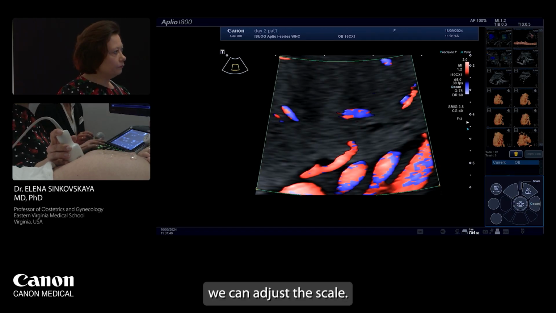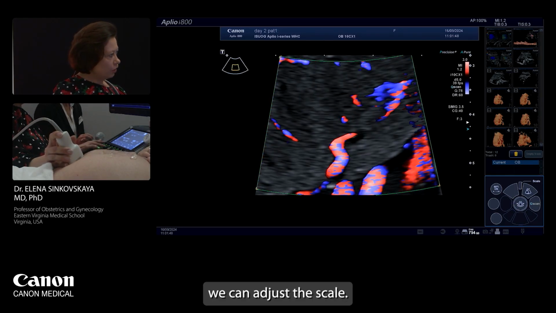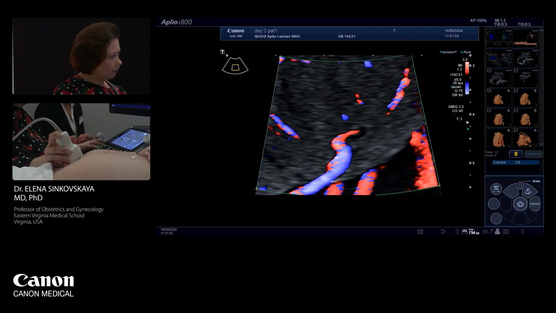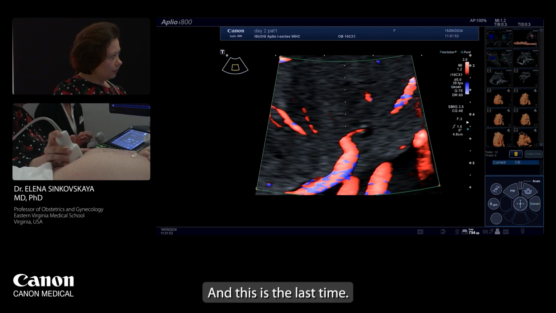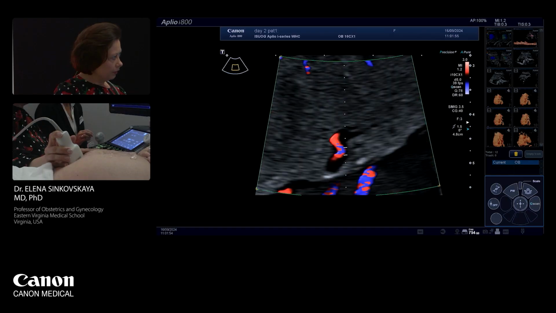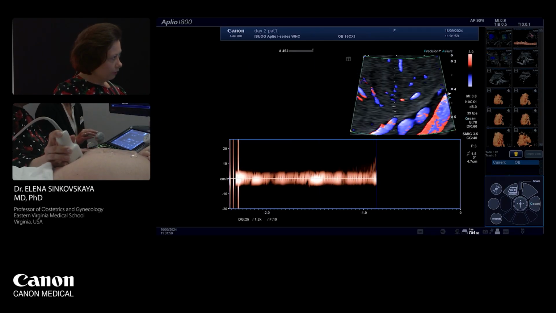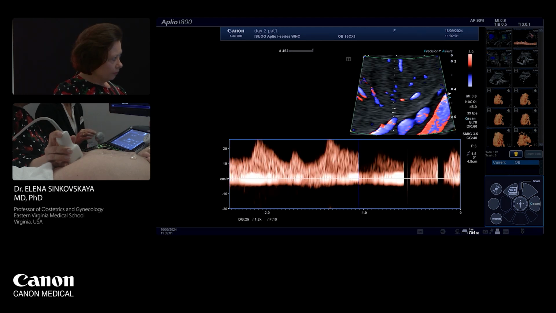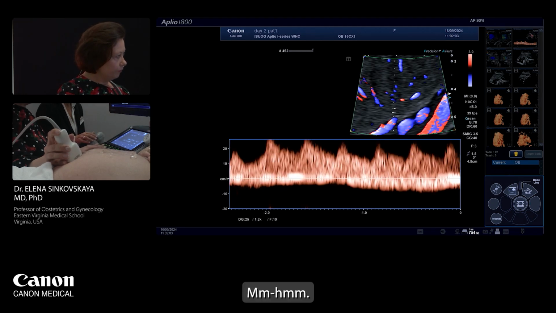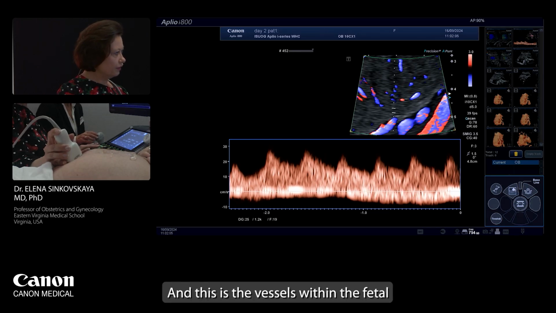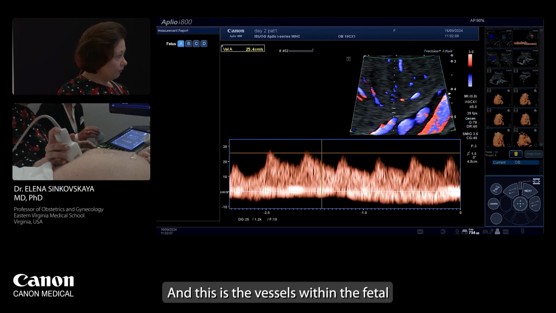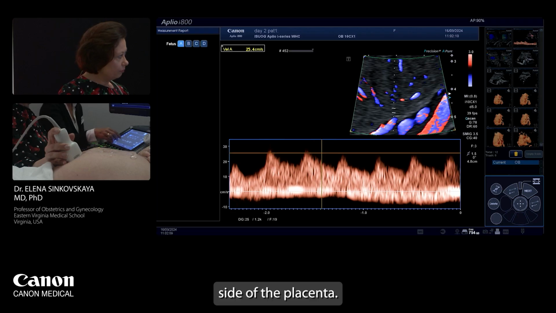We can adjust the scale, and this is the last time. And these are the vessels within the fetal side of the placenta.